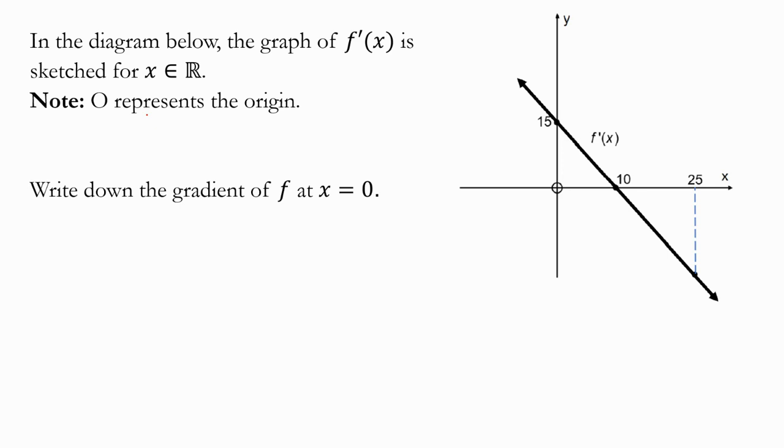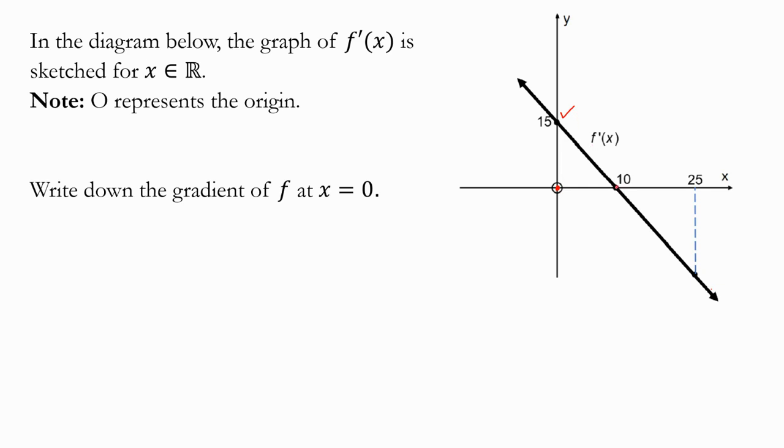So now, this is the graph of the first derivative. This graph represents the gradient of the original graph. So when you are reading from this graph, you are reading the gradients. When x is equal to 0, what is the gradient? The gradient is 15.